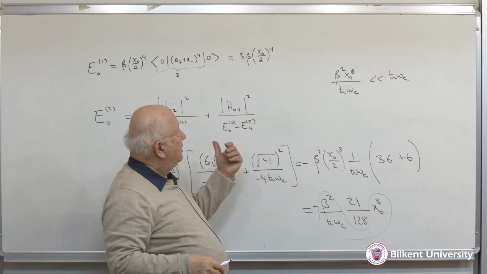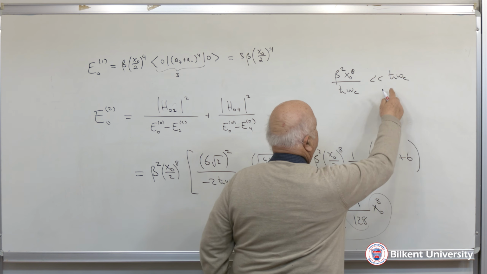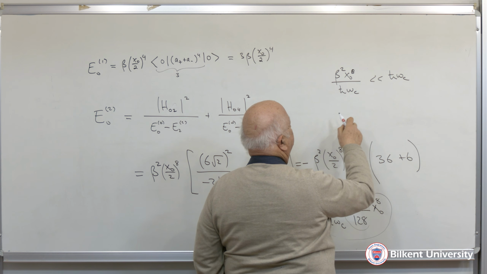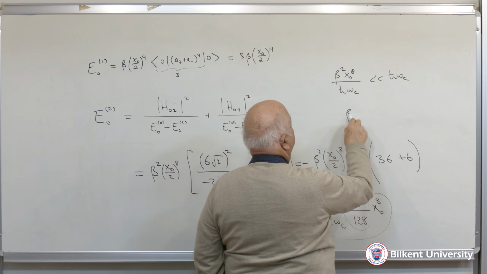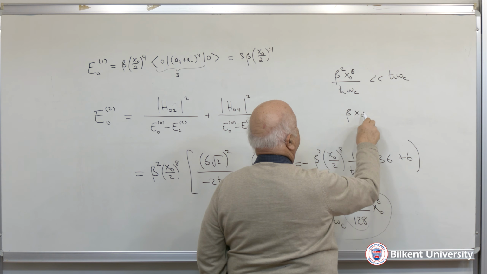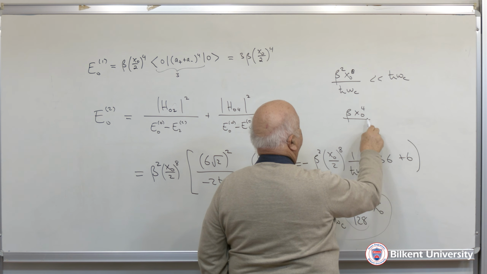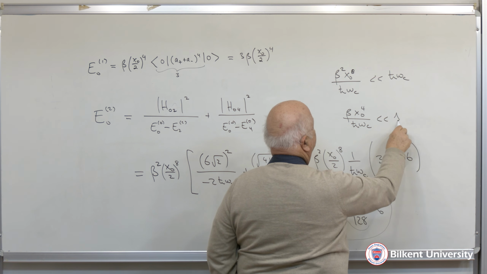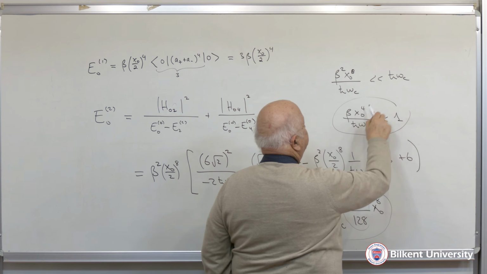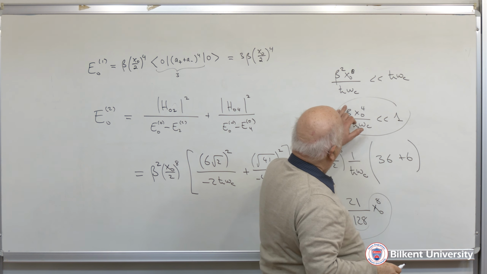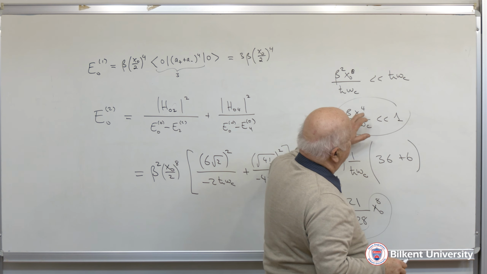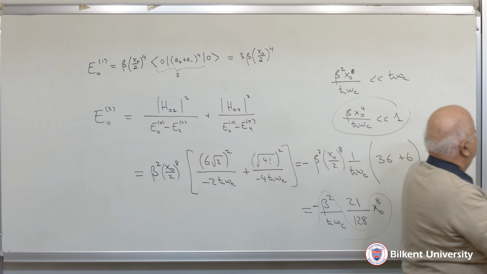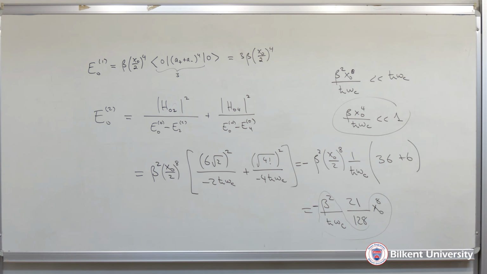So what that means, again, if you just divide by h bar omega c and obtain a square root, beta x0 to the 4th divided by h bar omega c is still much less than 1. And that's the basic assumption, right? The beta times x0 to the 4 is the scale of h1.